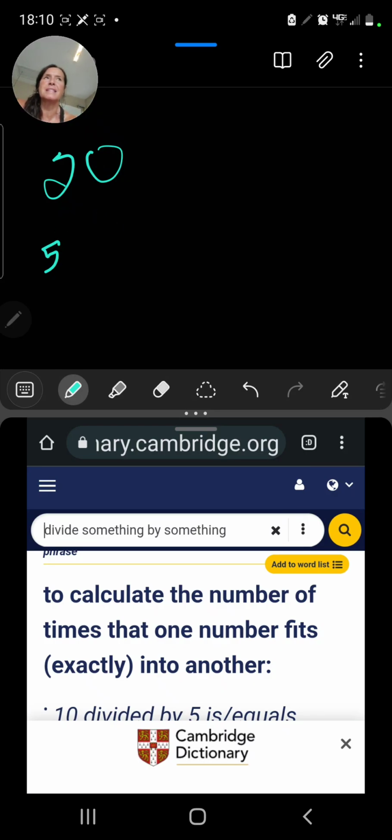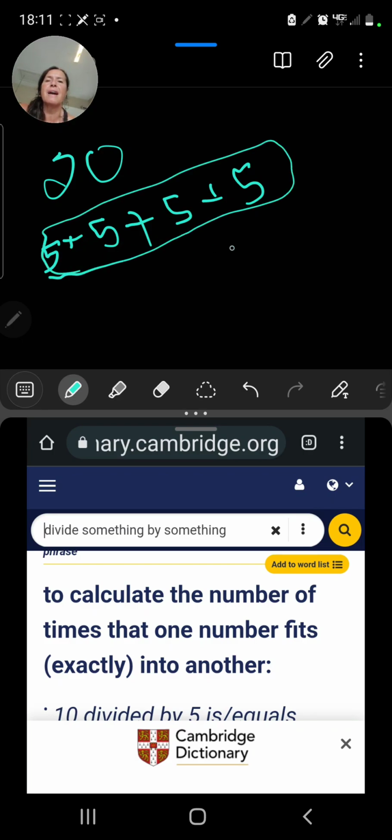Well, 5, nope, that's not 20 yet. If I add 5, that's 10. If I add 5, that's 15. And if I add 5, that's 20. I did that 4 times. And that's why the answer to 20 divided by 5 is equal to 4.